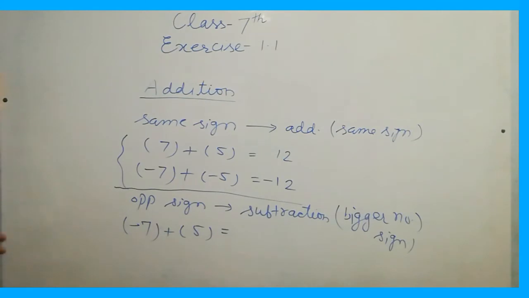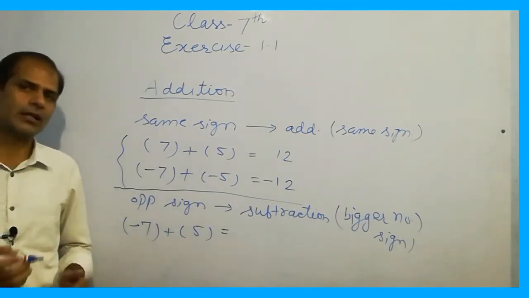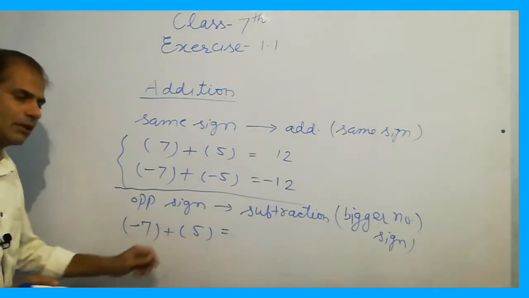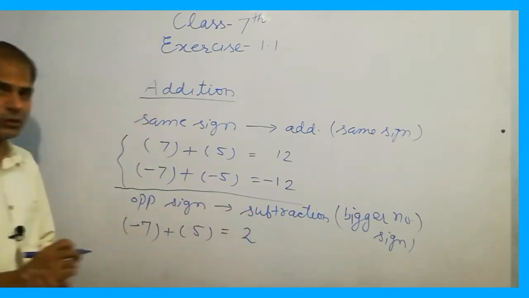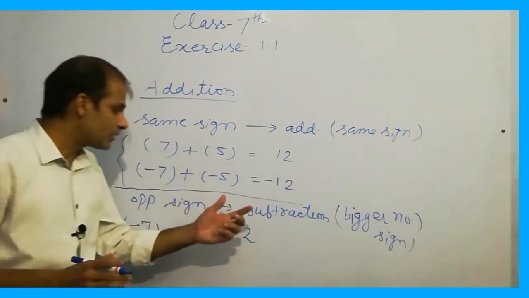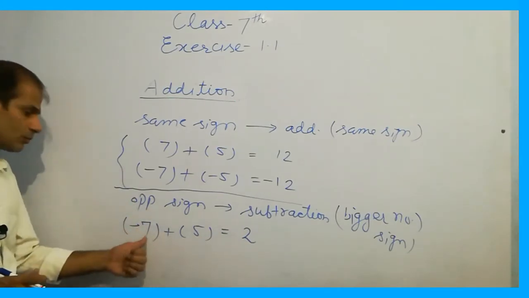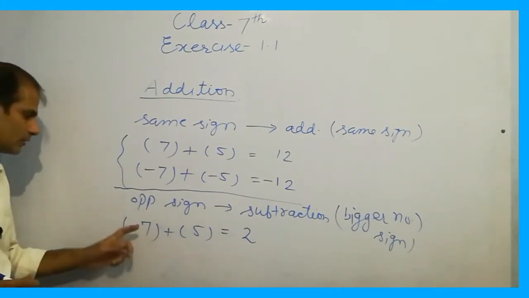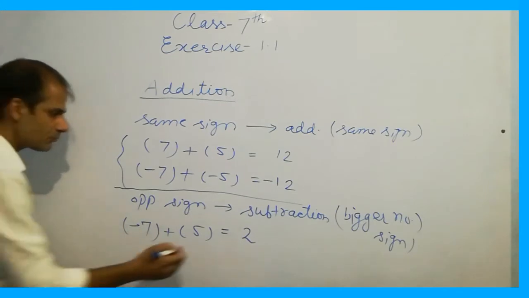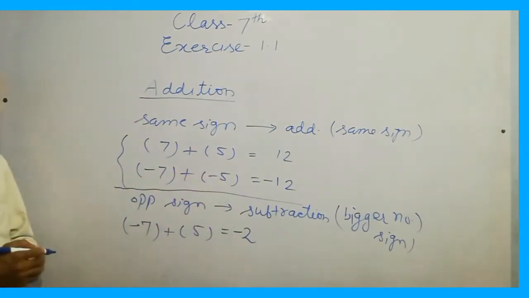First you have to find the difference. Subtraction means finding the difference. What will be the difference of 7 and 5, students? It is 2, but is 2 positive or negative? Now it depends on the bigger number. 7 is bigger and it is negative, so our answer will be minus 2.